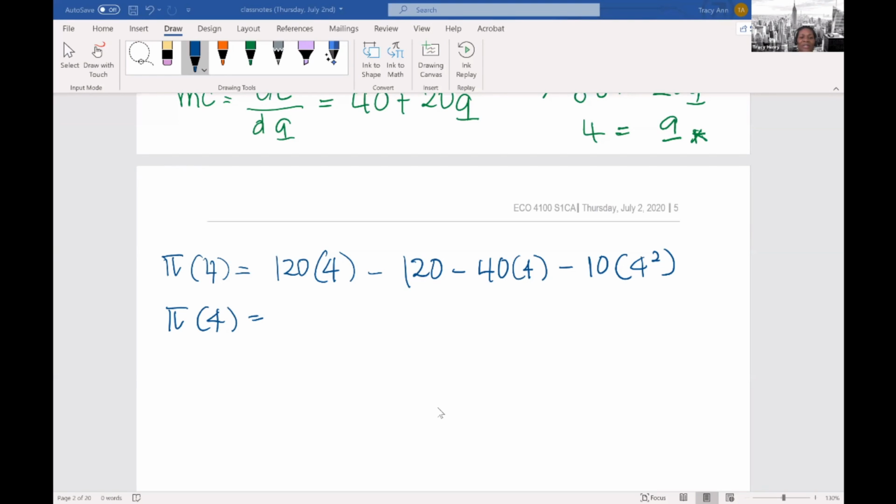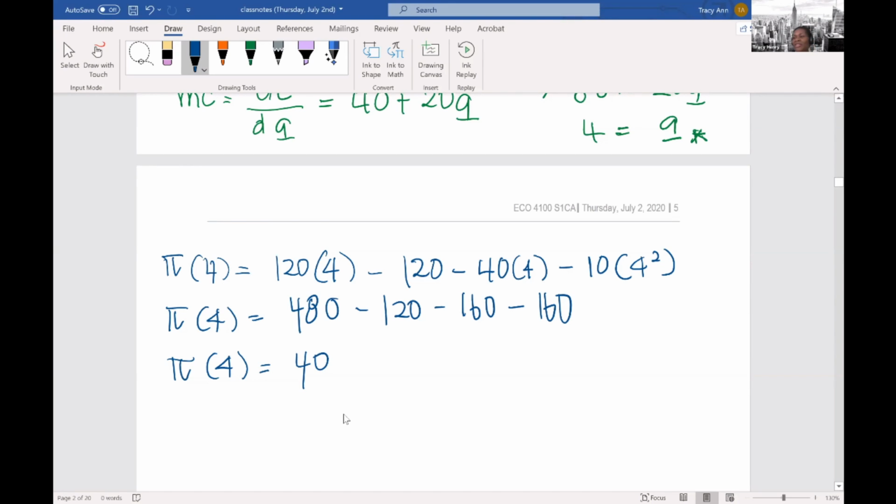So 4 times 120 is 480. 480 minus 120 minus 160 minus 160. Okay, a couple of people are getting the 40. So my profit is equal to 40.